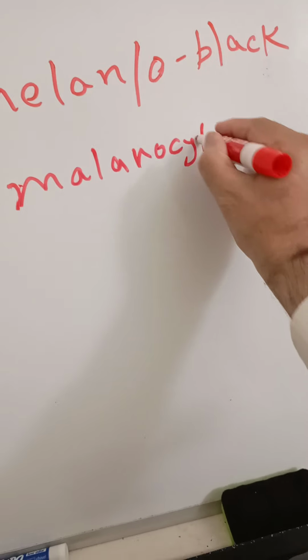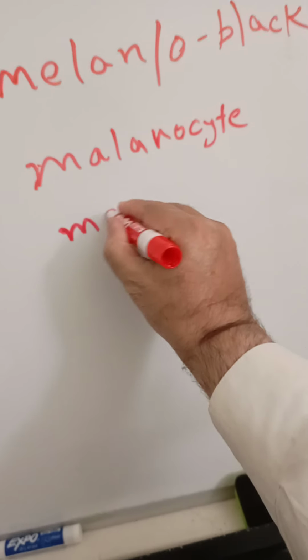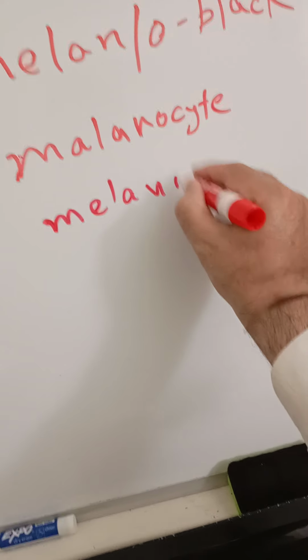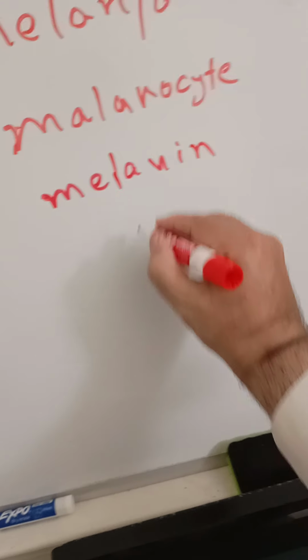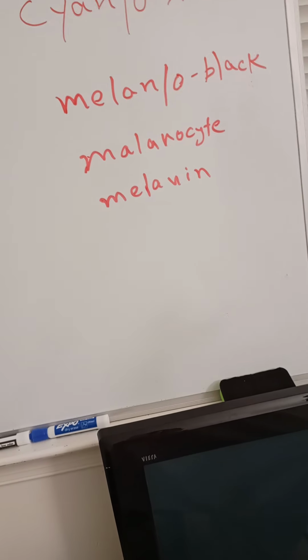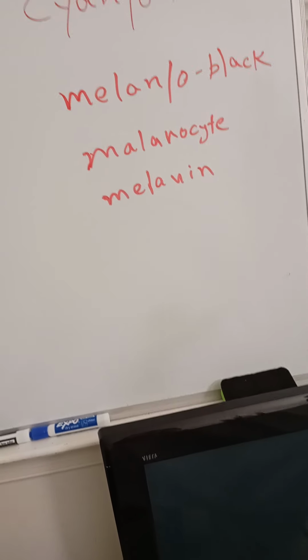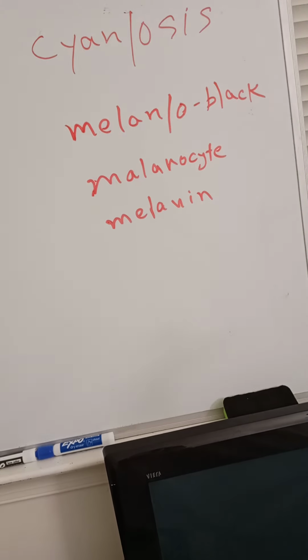Melanocyte: we have a cell in our skin which is called melanocyte, and it produces a pigment which is known as melanin. Melanocyte produces melanin, and it is the melanin which gives our skin color.